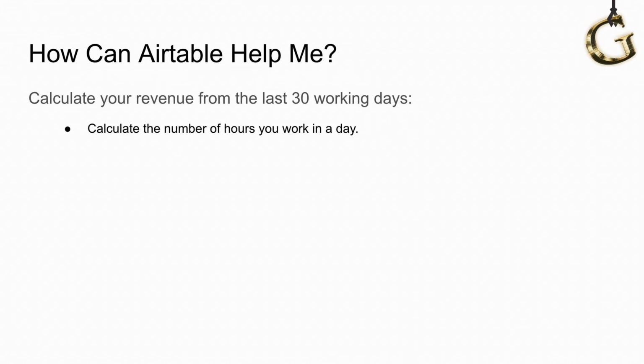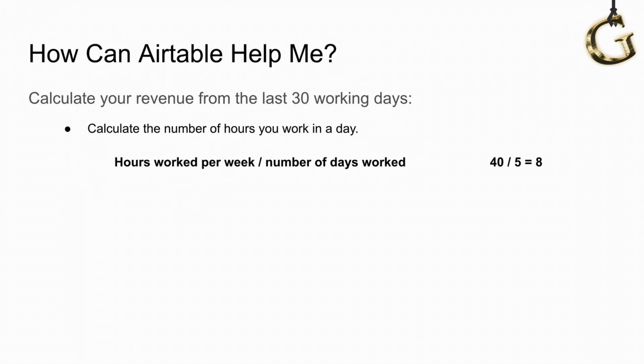In this example, here I'll show you real quick. We're going to calculate the number of hours we work in a day. So we could take the hours worked per week divided by the number of days worked. This example is completely average and completely attainable. This is actually taken from more of an employee's perspective. So if we work for 40 hours a week, we work 5 days a week, that's 8 hours a day, right?